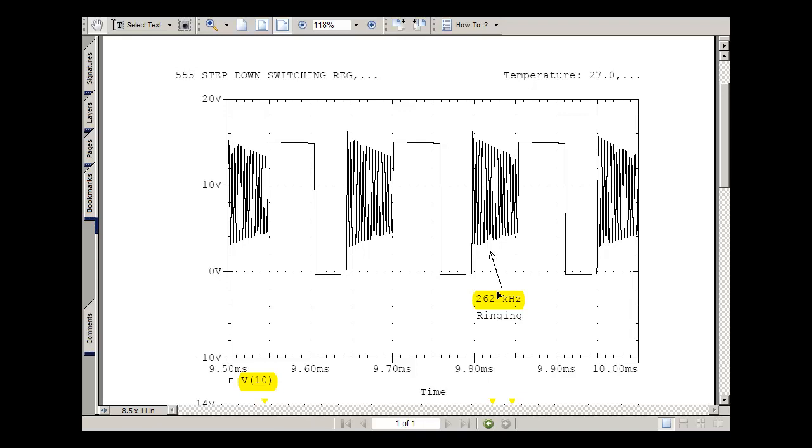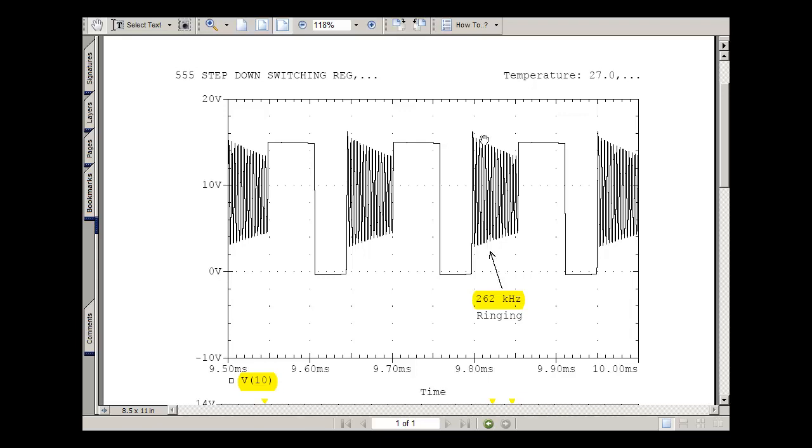There's also some base collector capacitance from our switching transistor, on the order of 160, 170 picofarads. If you take 1 over square root of LC divided by 2 pi, to get this frequency with an inductor of 1 millihenry, you'd need a capacitance on the order of 370 picofarads. So my guess is that's coming from the diode's capacitance and the base collector's capacitance.